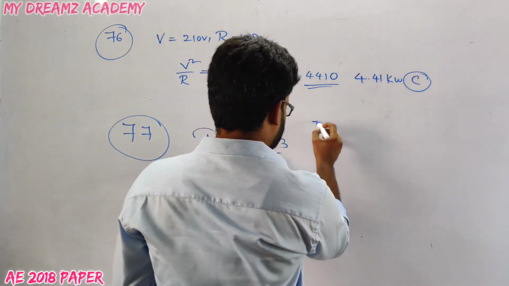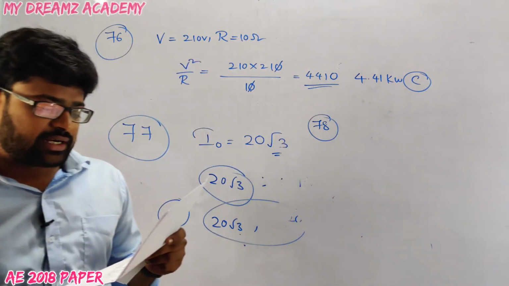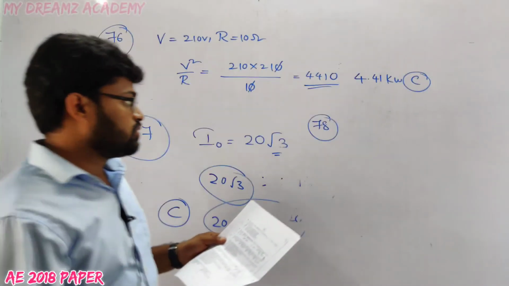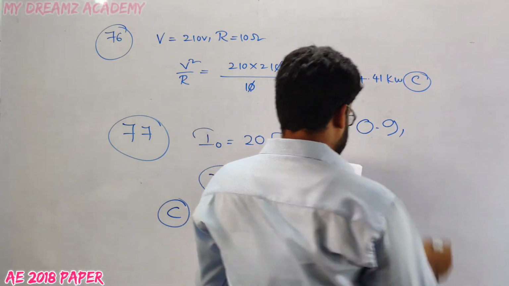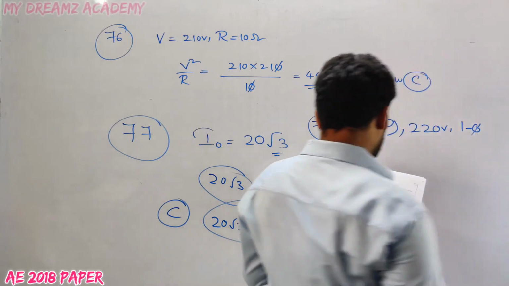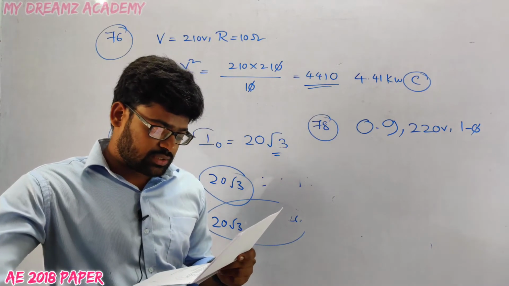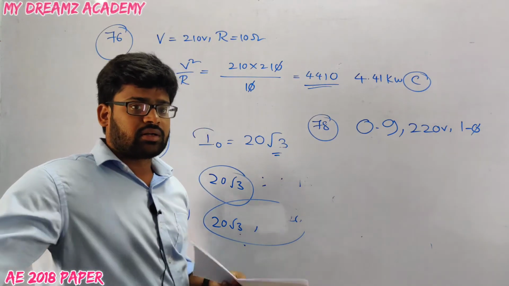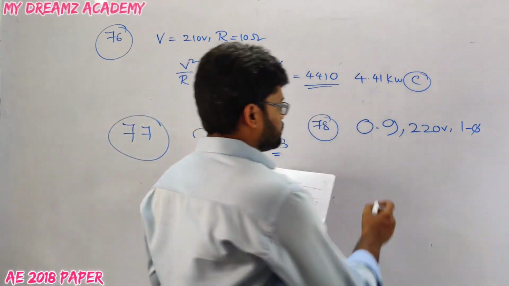This question is also from power electronics only. Question 78. The supply power factor is given, that is 0.9, and the supply voltage is given, that is 220 volts, single phase. Supply power factor of a single phase 220 volts AC voltage controller feeding a 10 ohm resistive load.